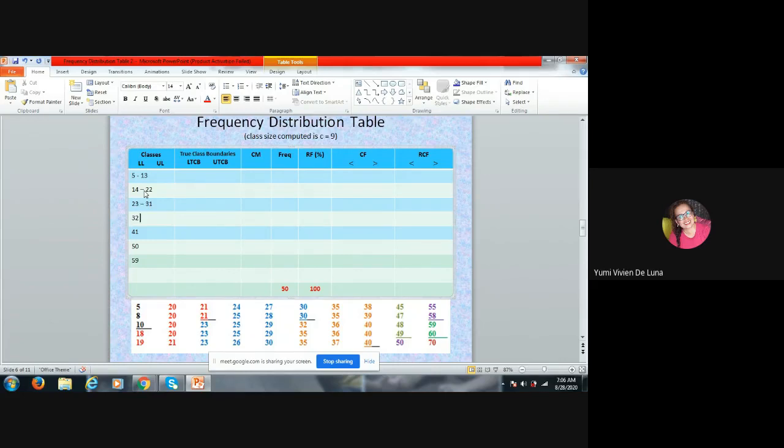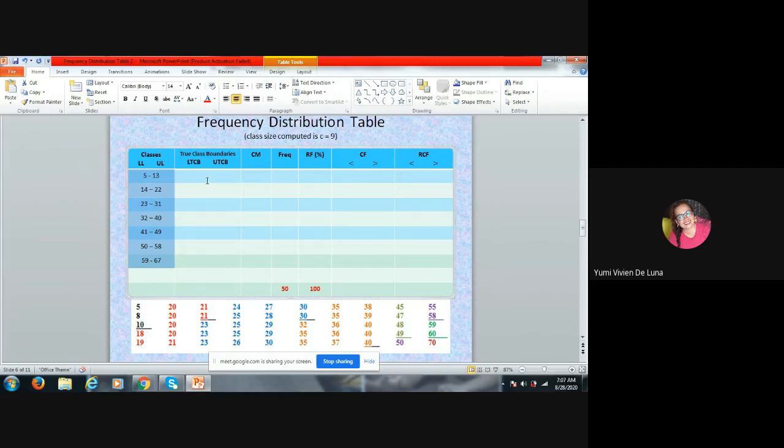And so on and so forth. 31 plus 9, 40, plus 9, 49. 49 plus 9 will give us 58. And 58 plus 9 will give us 67. Ayan. Okay? So, ulisin lang natin siya. So, we now have your classes.